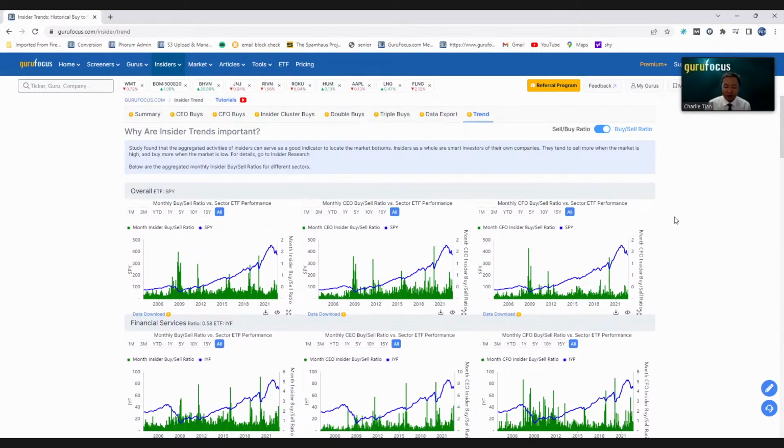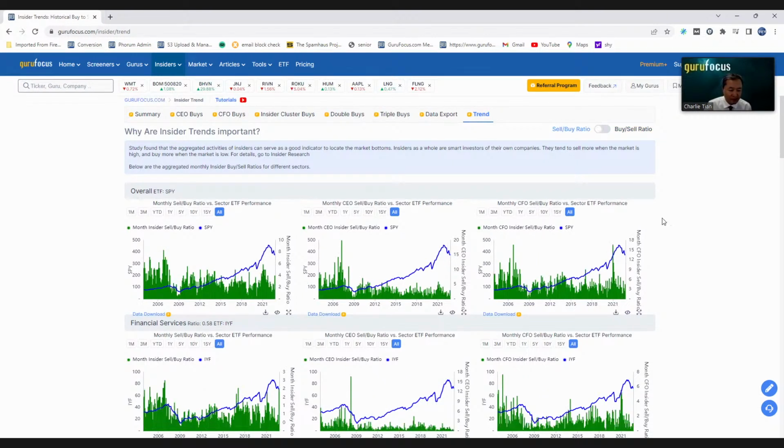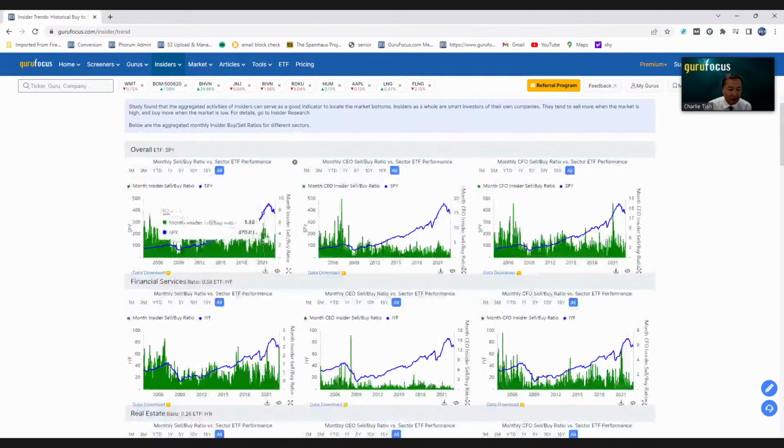We also recently added a sell-buy ratio. We know that these green bars are the buy-sell ratio. We added a switch here. You can switch it to the sell-buy ratio, and it gives you a different perspective when there are more insiders selling than buying, for instance. And here it was early 2021, the insiders were selling.